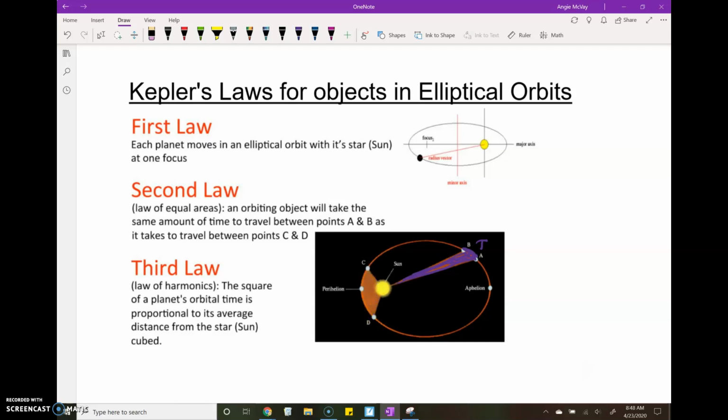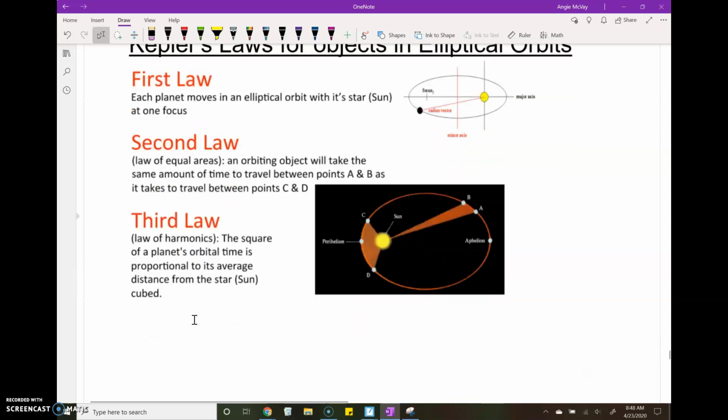Okay, so that's just kind of a conceptual thing. You really don't need to know about that, but you do need to know how to use Kepler's third law.